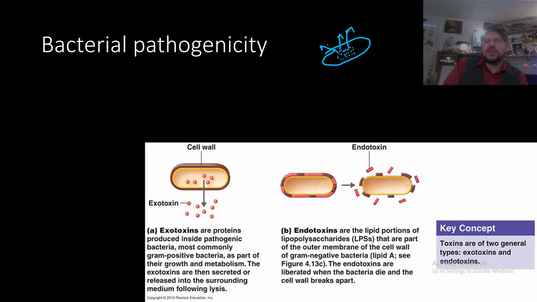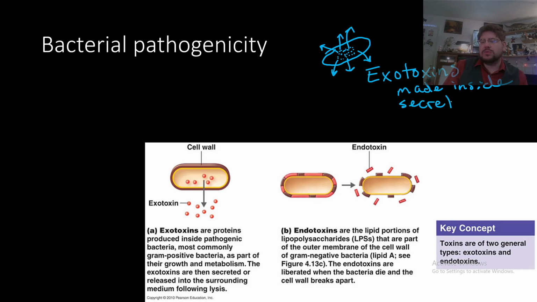So they make the toxins and secrete them out of the bacteria. If they're being secreted out of the bacteria, out or outside would be exo. So these are exotoxins, produced inside the bacteria and then secreted out into the organism.